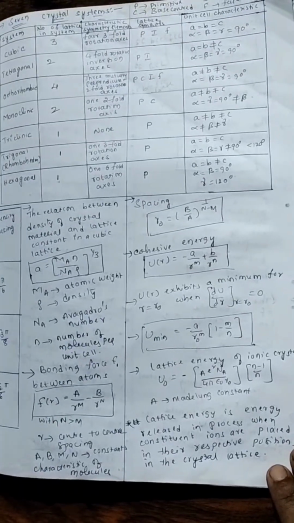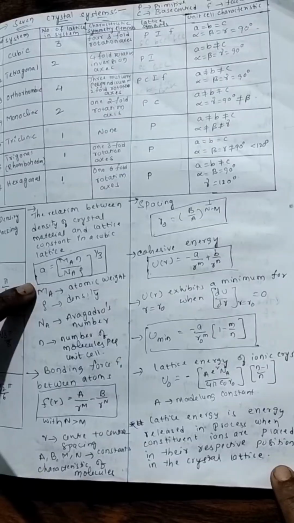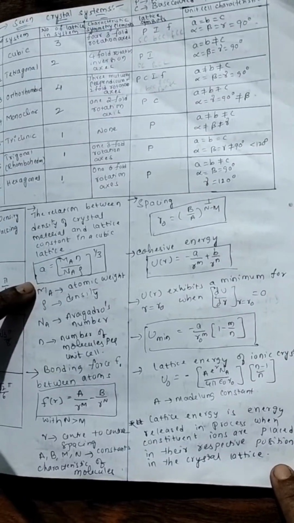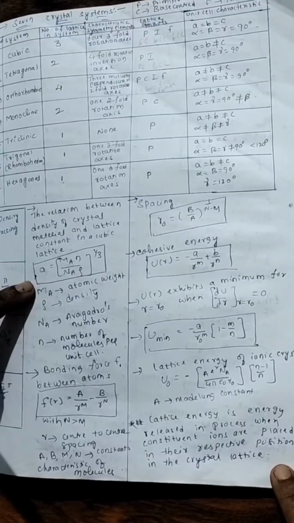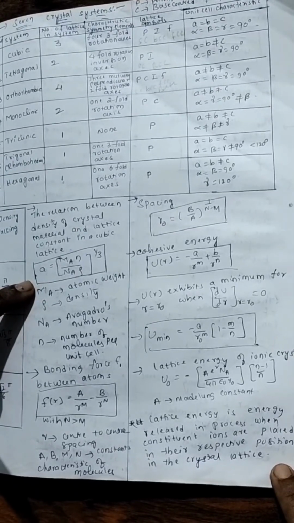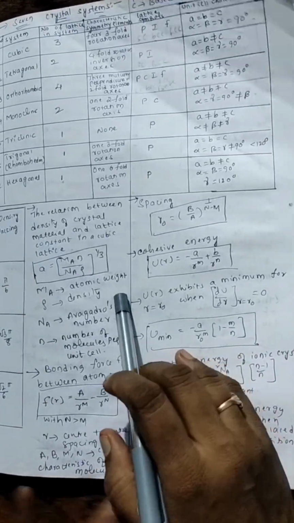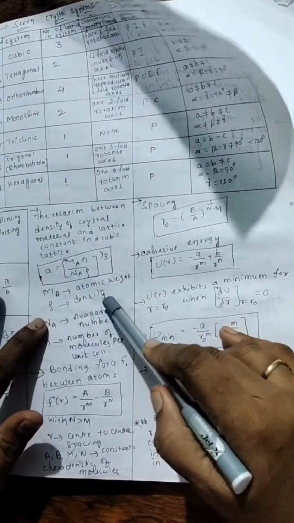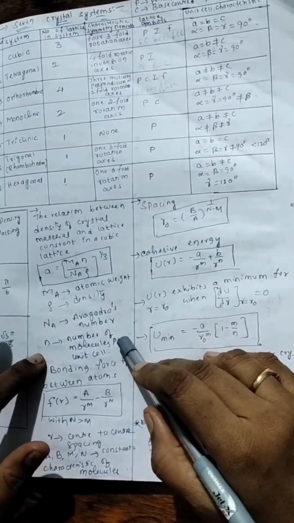Next, let us discuss some formulas. The relation between the density of crystal material and lattice constant we already completed. Again I am saying the lattice constant a equal to (M N by N A rho) whole to the power of 1 by 3, where M is the atomic weight, rho is the density, N A Avogadro number, N number of molecules per unit cell.